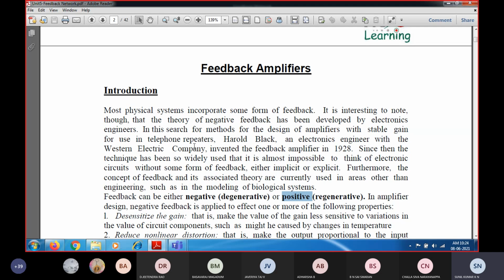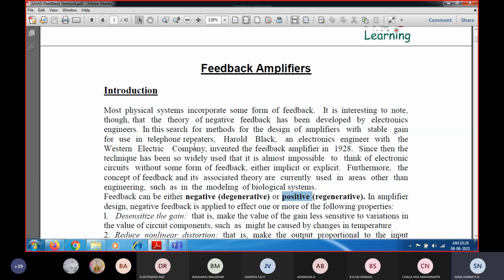At the same time, the electronic components also. Among those feedback amplifiers, soon after the invention of the feedback amplifier in 1928, the technique of feedback became completely useful in all of the electronic field and industry.